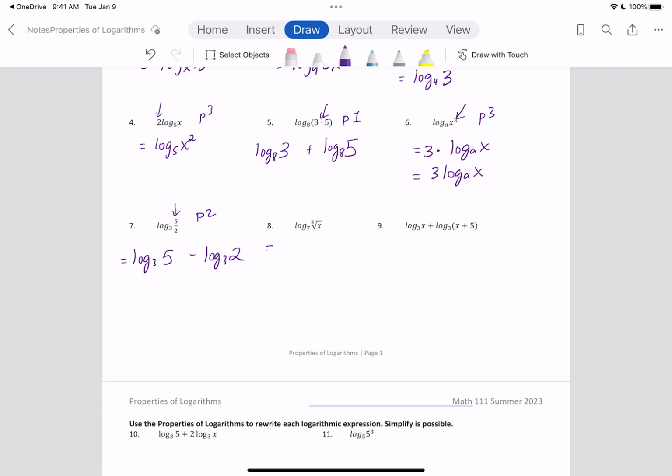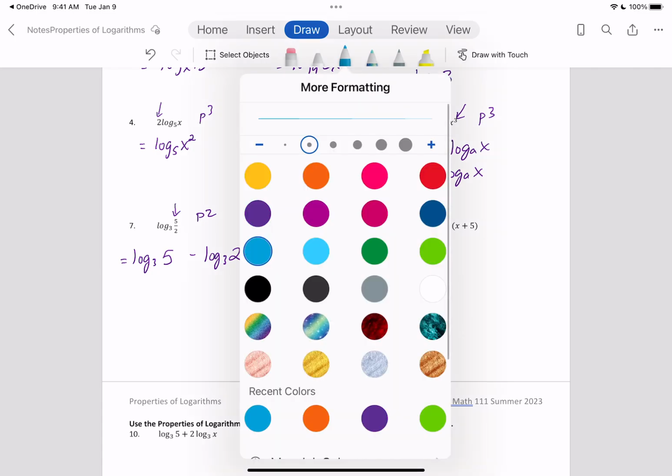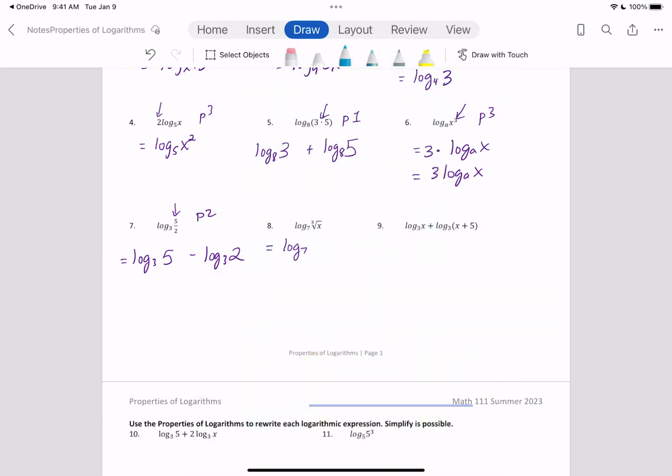But if you remember, we learned previously that we can rewrite, let me change colors because this isn't part of the problem, the cube root of x as x to the 1/3, because that's a power of 1 and an exponent of 3. So remember we did exponent and root. So the exponent is 1 and the power is 3.